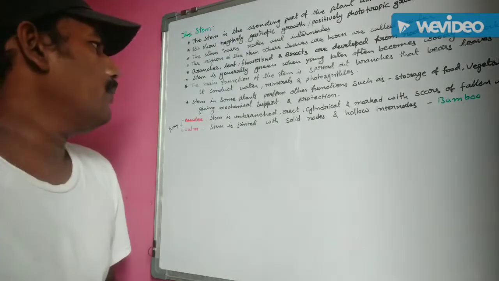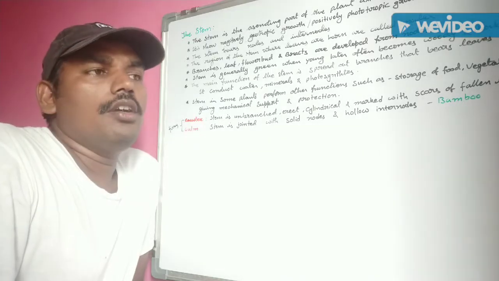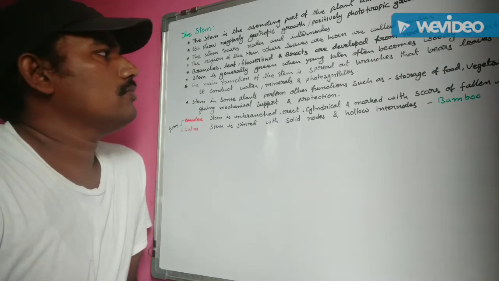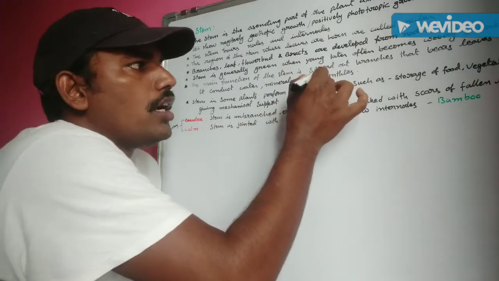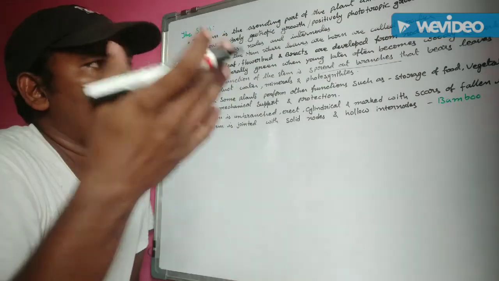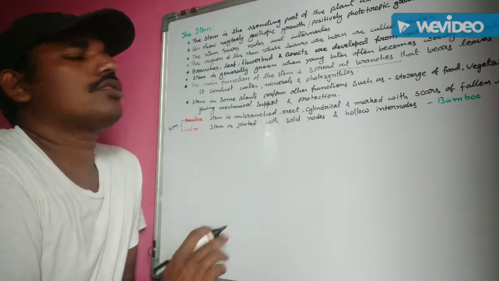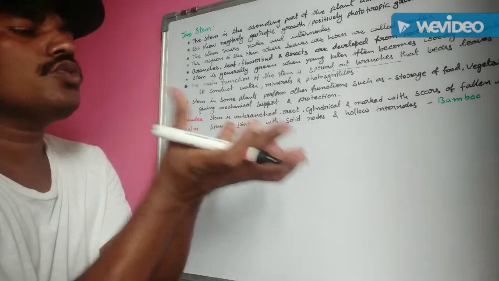Understand? Next, what are the functions of the stem? The main function of the stem is to spread out the branches that bear leaves, flowers and fruits. All these are exposed to the atmosphere.